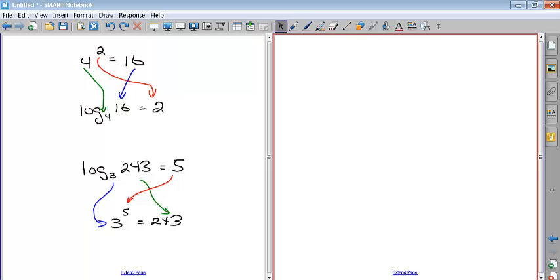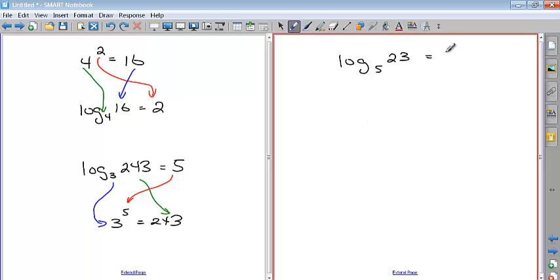Now, the calculator only does logarithms to the base e or the base 10. So if I asked you to evaluate log base, well, it depends on what calculator you have. So we're assuming that you don't have one, and don't use the built-in function to do this. So if I said, what is the log base 5 of 23? How would you do that?